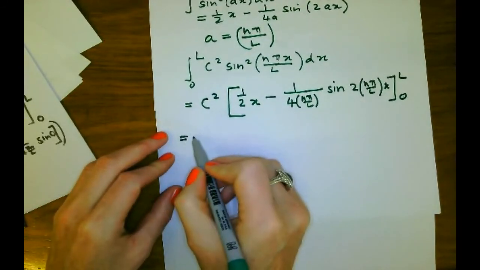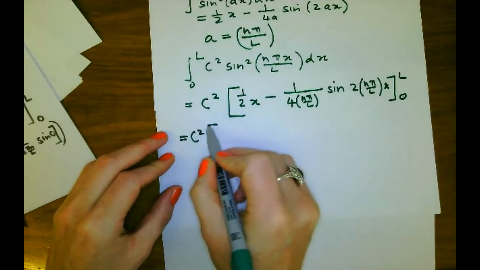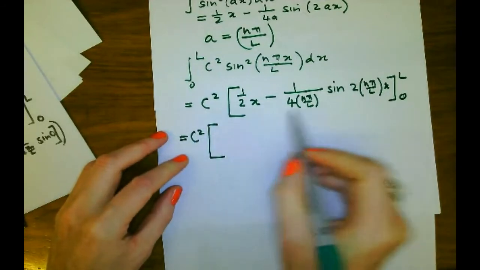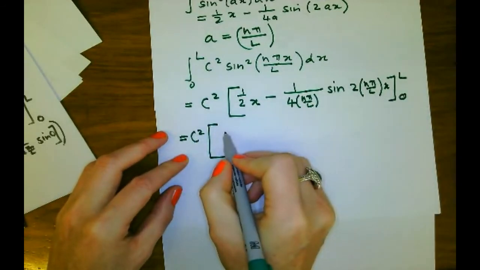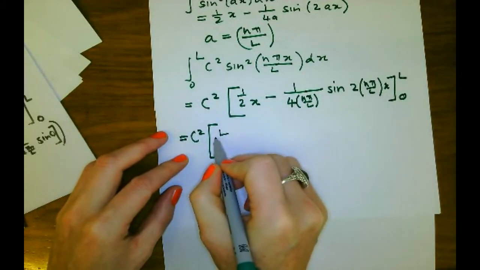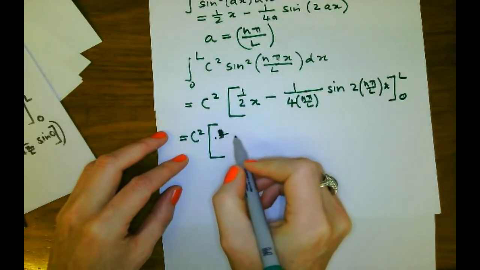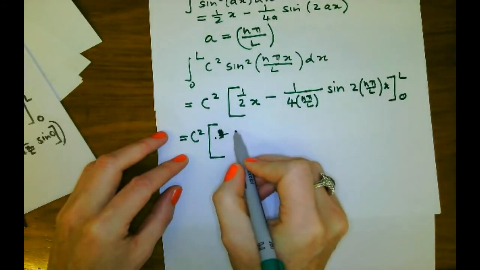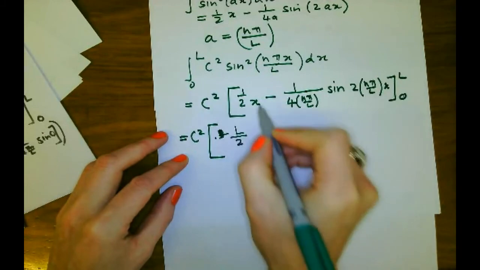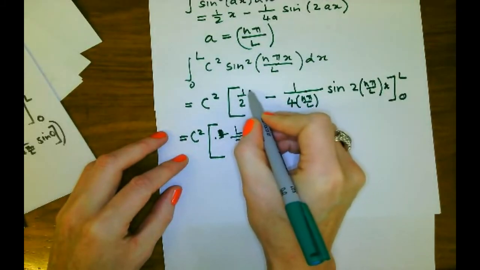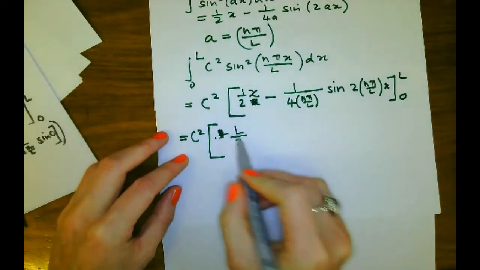Okay, now we make the substitutions. C squared. Firstly, we replace x with L. So that becomes L over 2. Remember, x is on top of the line.